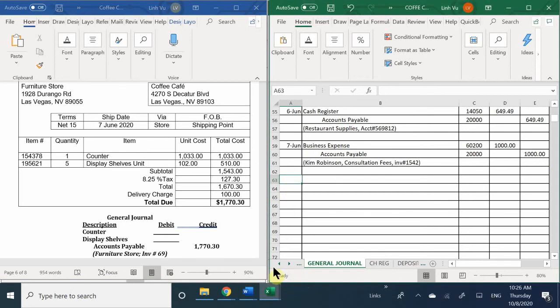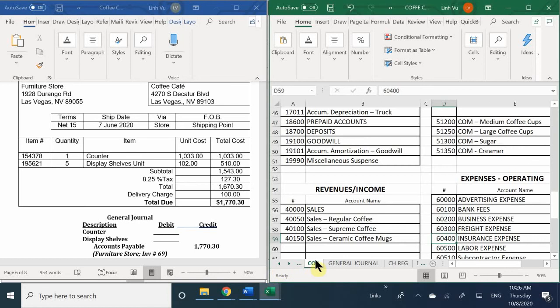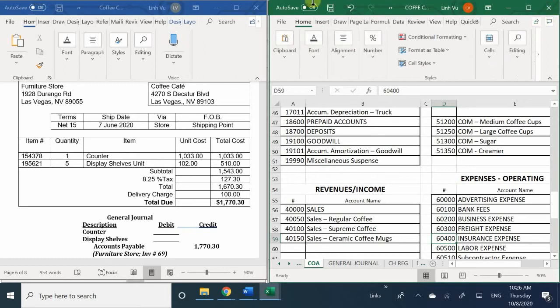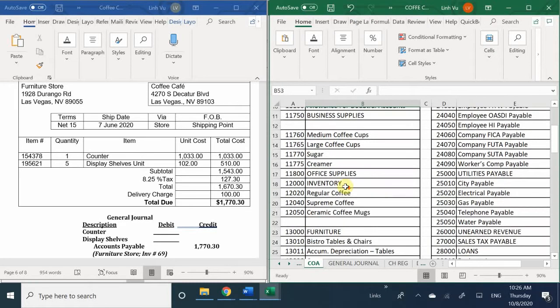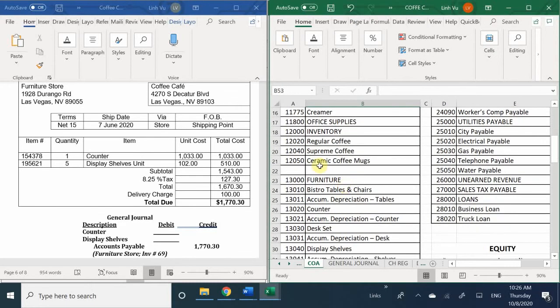So I'm going to go to my chart of accounts and I'm going to determine, do I have an account for the counter and do I have an account for the shelves? Yes, you do. All right, they should be. The counter is 13020. 13020, good. And I wrote it.